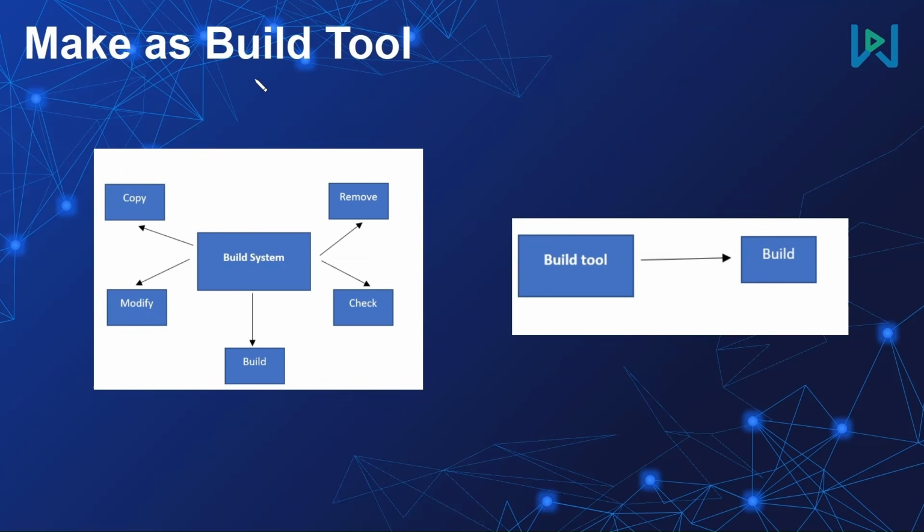Another aspect that we need to keep in mind is that make is just a build tool. Hence, it cannot be considered by itself a build system. A build system is a system that embeds, beside the ability to parse and execute certain rules to compile and build our project, the ability to copy, edit, remove, and check the different sources, headers, directories, and so on.